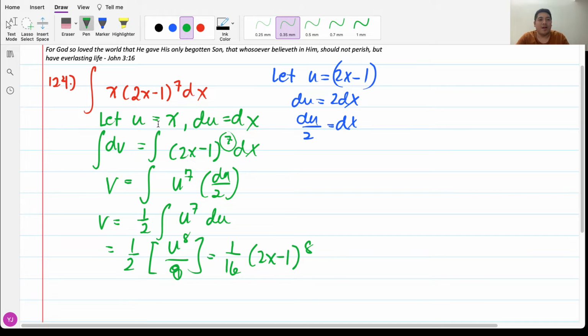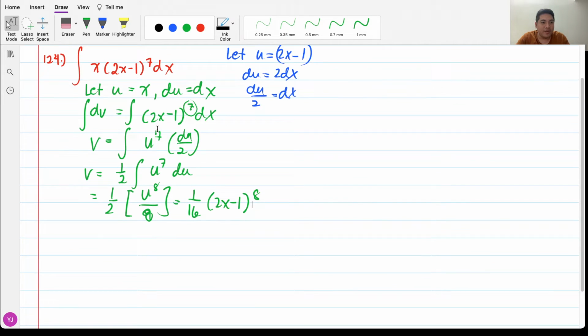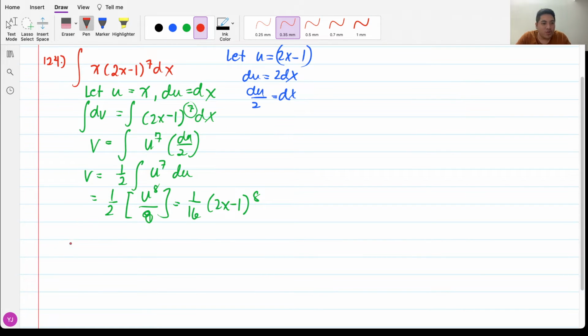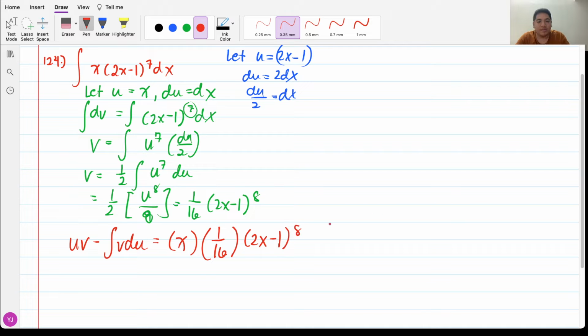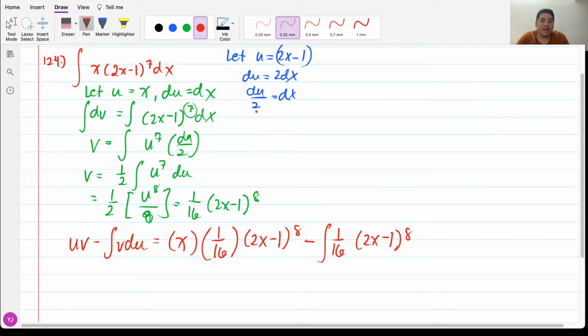Then now we're going to use the formula uv minus the integral of v du. So I have the u, which is x. I have the v, which is 1 all over 16, (2x minus 1) raised to 8, minus the integral of v, which is 1 all over 16, (2x minus 1) raised to 8, and then du, which is dx.